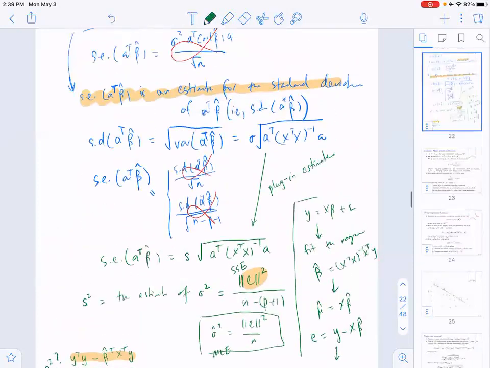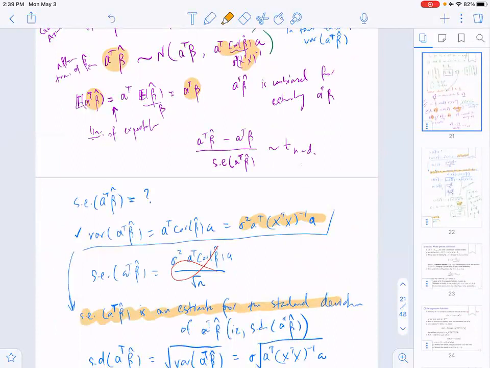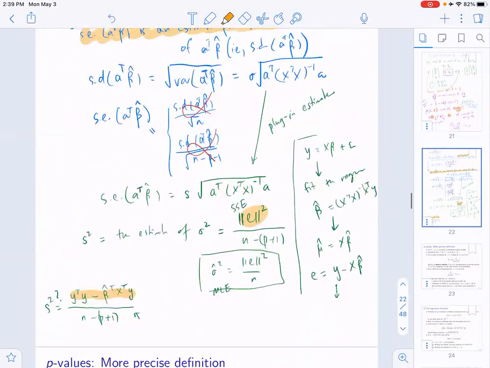So you're not doing anything with the fitting procedure. Everything is the same. We're just trying to figure out what the distribution of this is. Once we have the distribution, we have the standard deviation, and once we have the standard deviation, we can find an estimate of it.